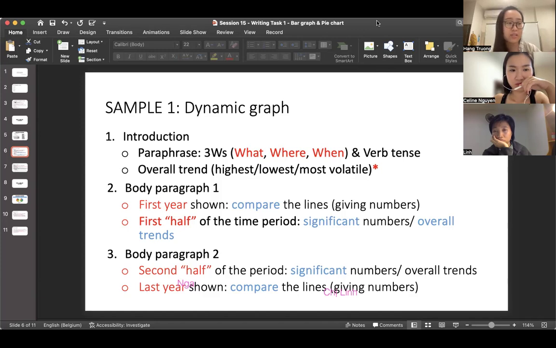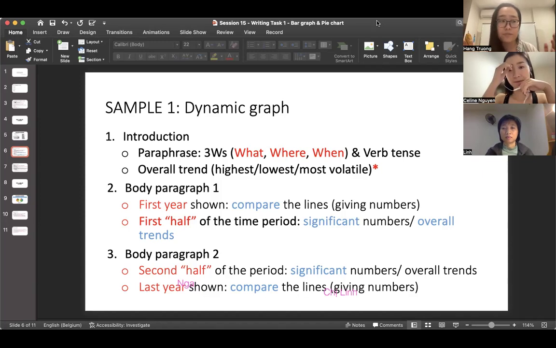It's also a very effective, very convenient way to group data together, because the ultimate goal here is never to just pick out individual data points to report. Comparing gives the reader a perspective of how the different lines or different bars correlate with each other. So it's always a good idea to compare, right?